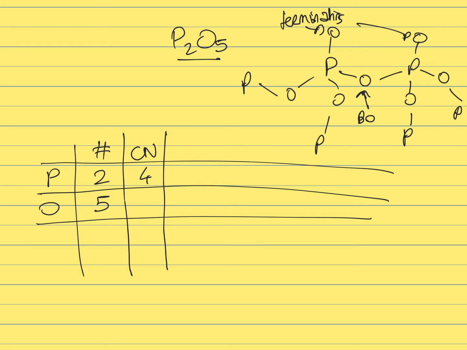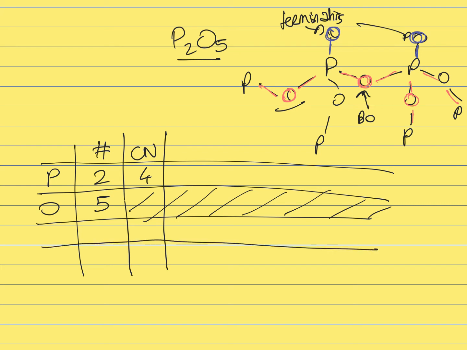And now you need to provide the coordination number of the oxygen. So here we have a first difficulty, which is that in this case, the coordination number of the oxygen is not fixed. You have a combination of those bridging oxygen atoms that have a coordination number of 2, but you also have some terminating oxygen that would have a coordination number of only 1. So here, what we typically do is that rather than considering the oxygen, we are going to consider individually the 2 different types of oxygen that you can have.